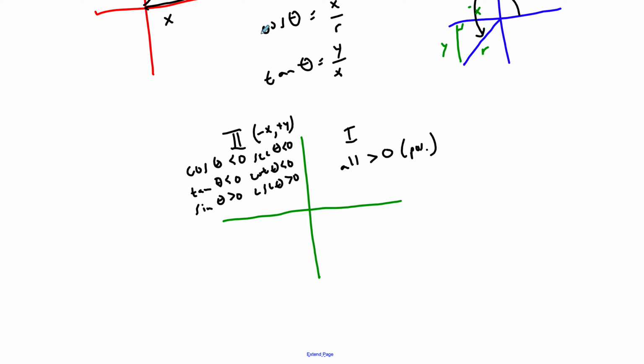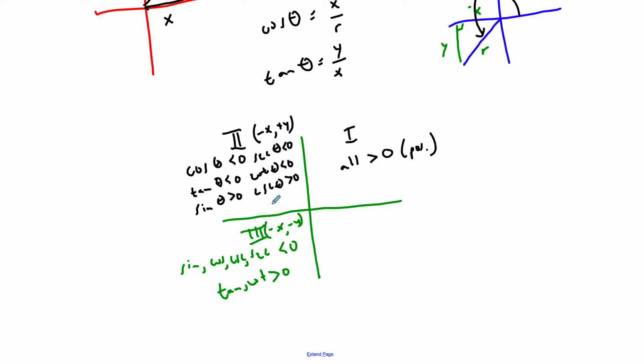So depending on what quadrant you're in, if you're here in quadrant 3, where they're both negative, negative x and negative y, then that means that the sine and the cosine and the cosecant and the secant are all going to be less than 0. But oddly enough, because both are negative, the tangent and the cotangent will be greater than 0.